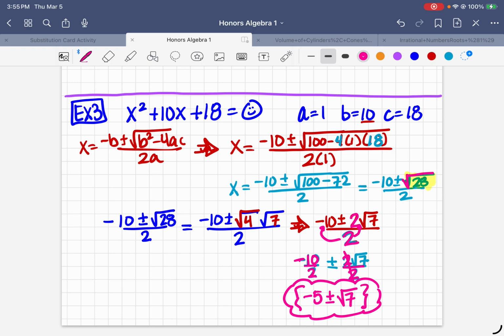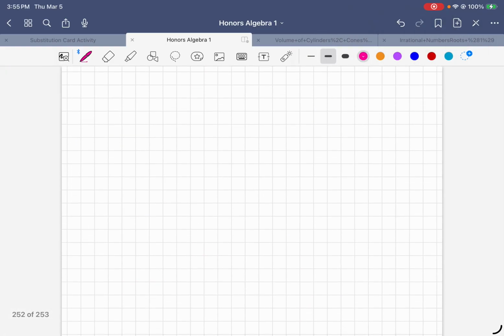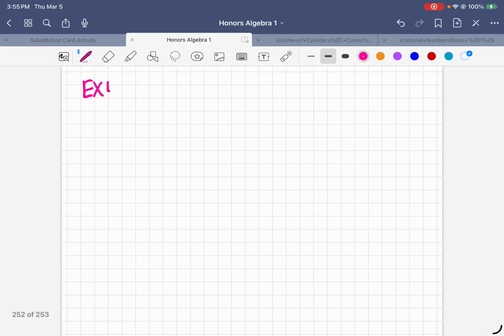I'm going to give you one more to try on your own. This is example 4. We have x squared plus 12x plus 18 equals 3. Just be careful.